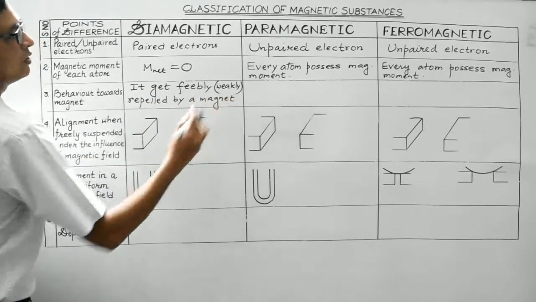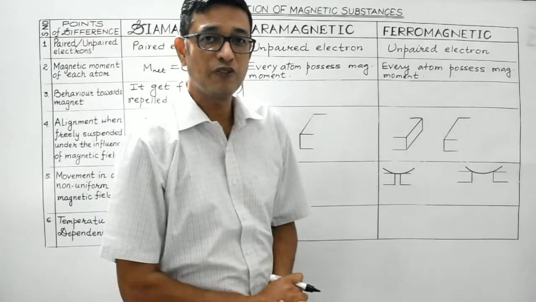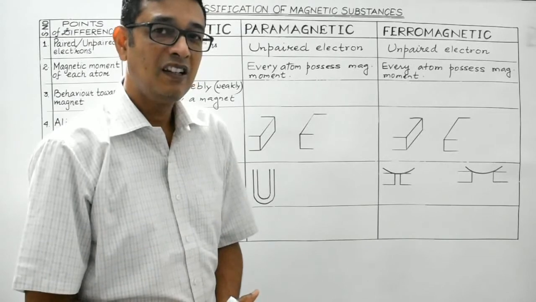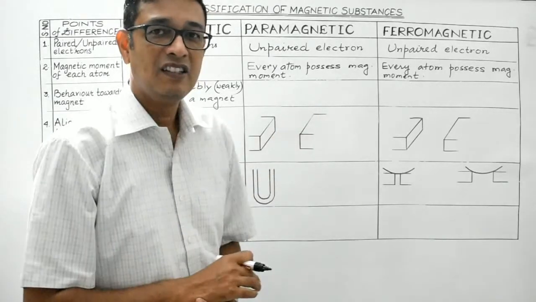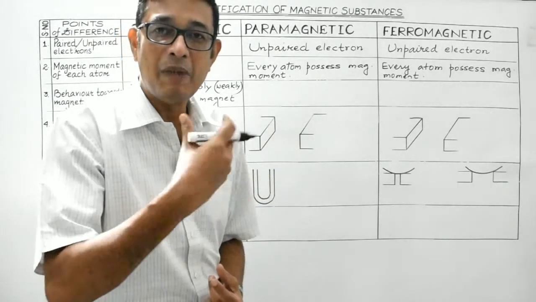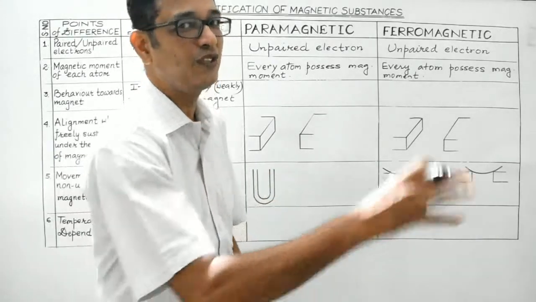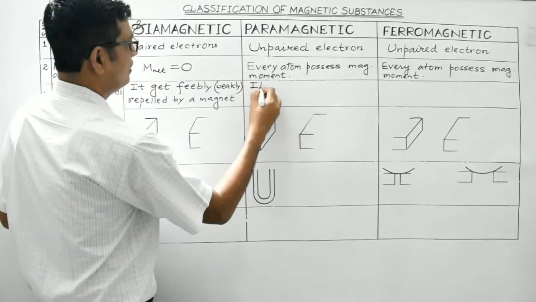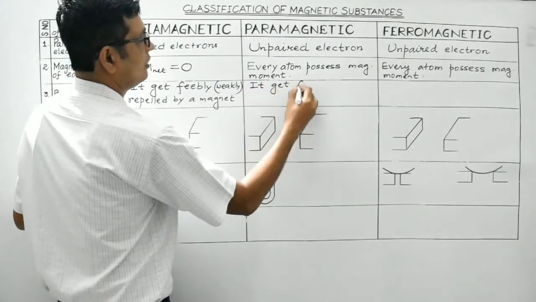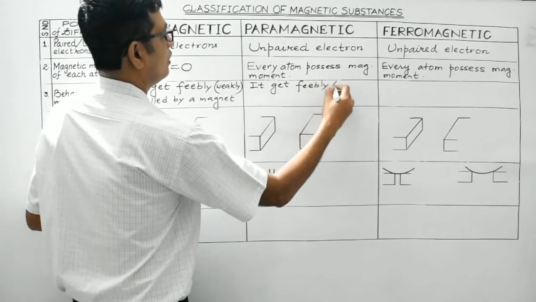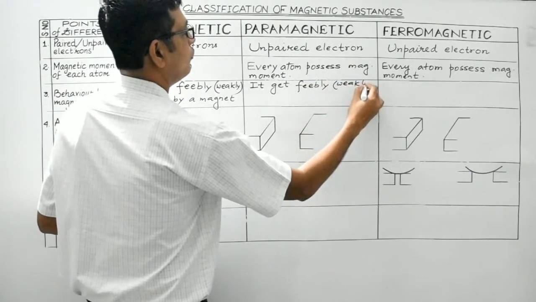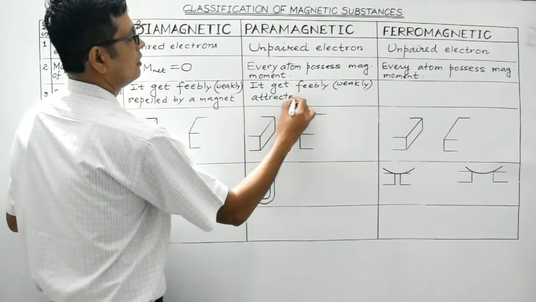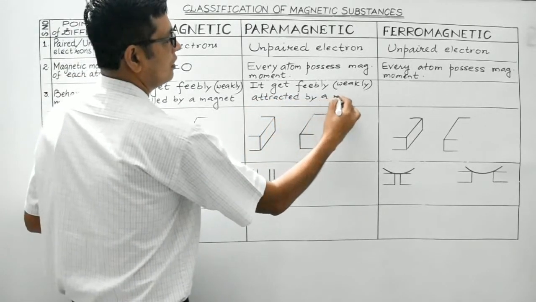While on the other hand, students, we have discussed paramagnetism on the basis of atomic theory, and there we have discussed a paramagnetic specimen under the influence of magnetic field. It gets feebly, weakly magnetized along the direction of the external field. So, a paramagnetic specimen, it gets feebly or weakly attracted by a magnet.